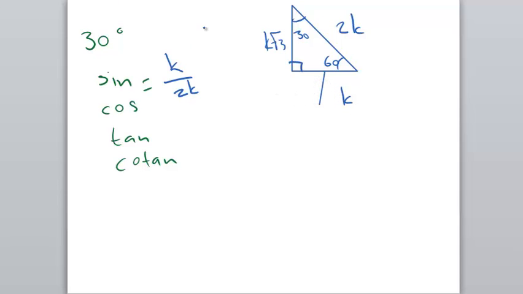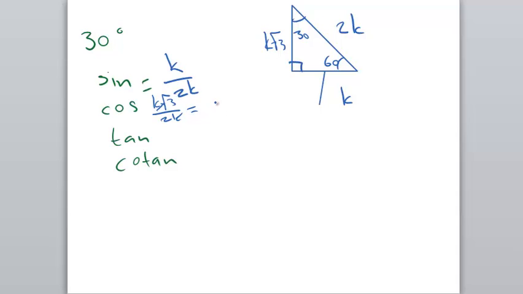Okay, so cosine for angle 30 is adjacent over hypotenuse, which will be equal to k root 3 over 2k.